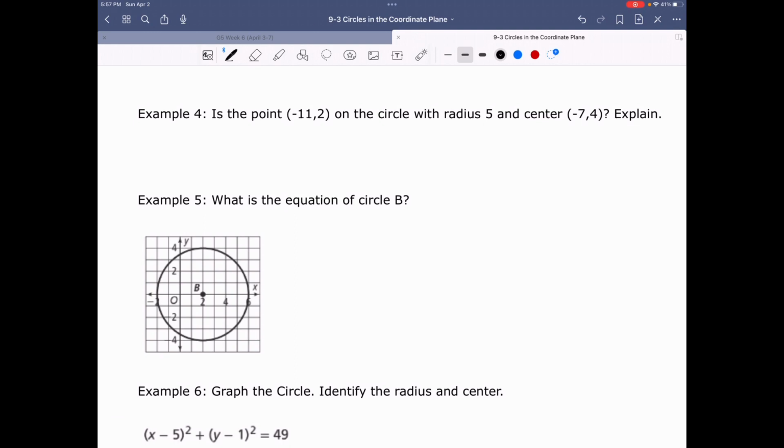Example 4. Is the point (-11, 2) on the circle with radius 5 and center (-7, 4)? What we're going to do first is write the equation.